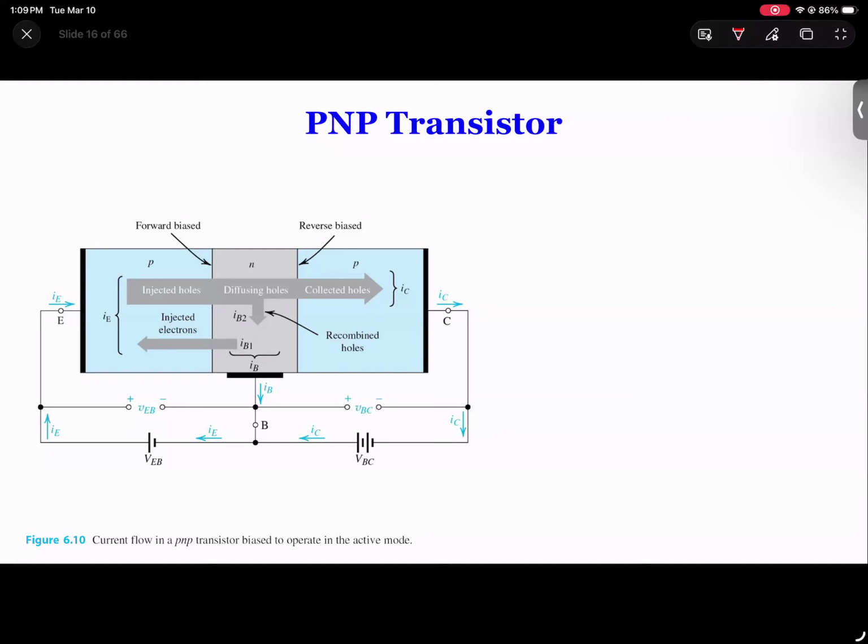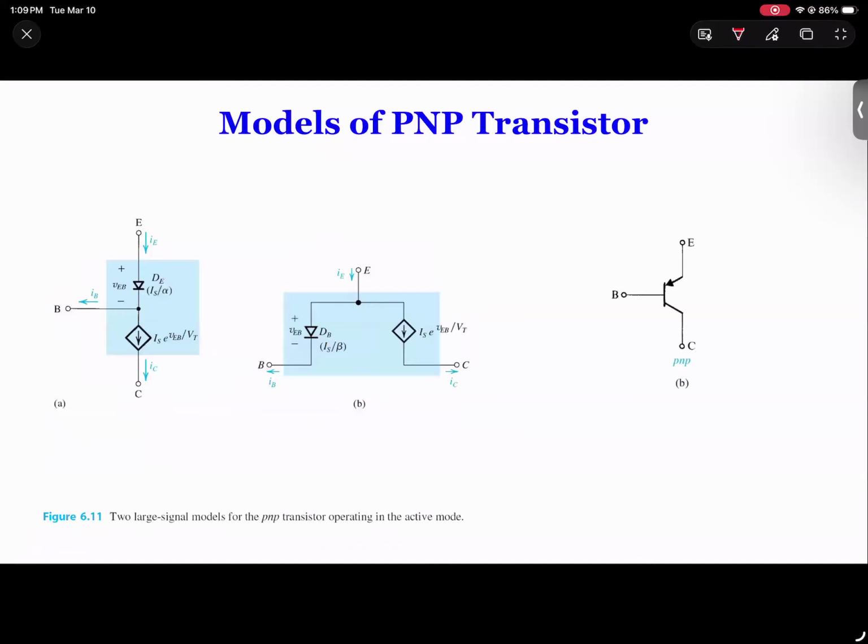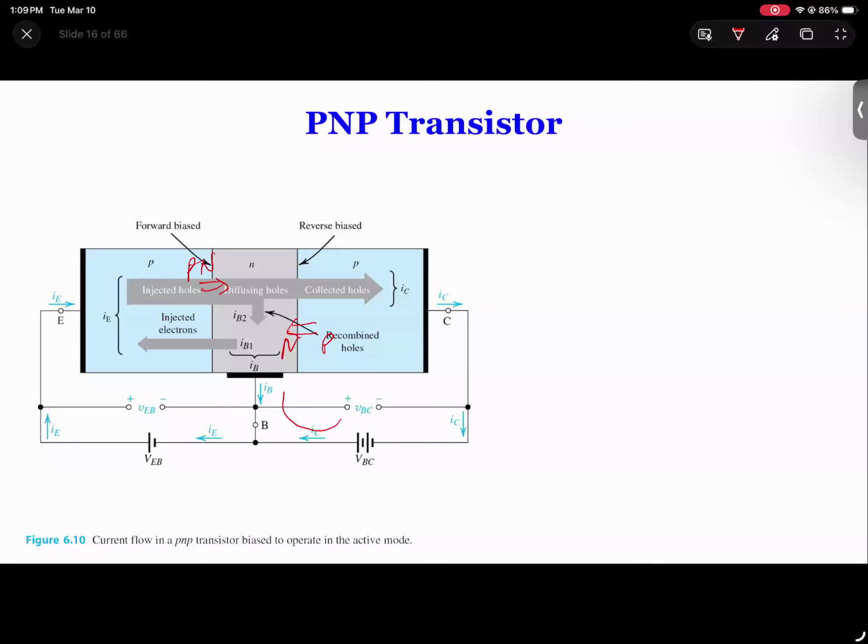In the PNP material, when we connect a current from base to collector, we start to flow current from base to collector. And then that current keeps electrons to move, but in this case, it's not electrons, but holes.